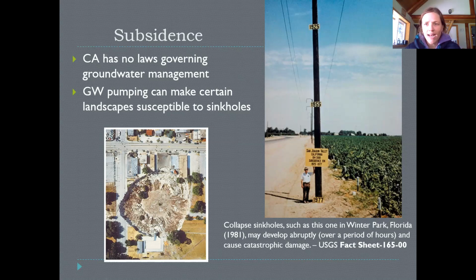On the right is this famous photograph that shows the surface of the San Joaquin Valley, the southern Central Valley, in 1925, where it existed in 1955, where it existed in 1977, and now it's, of course, even lower as we've continued to have more drawdown from our aquifers.